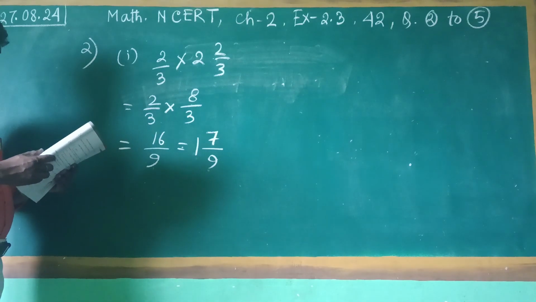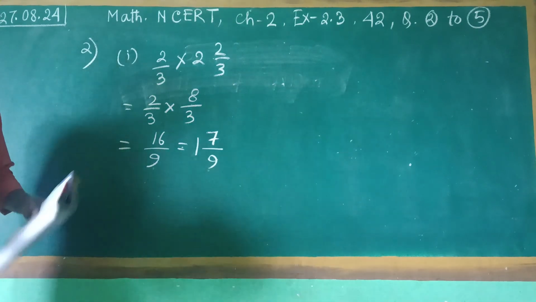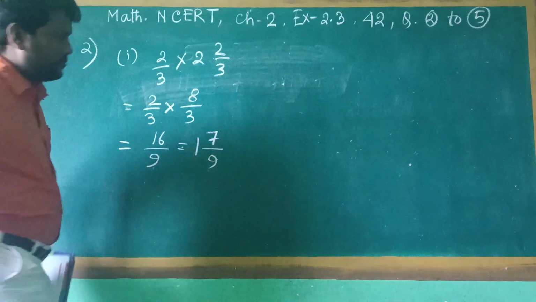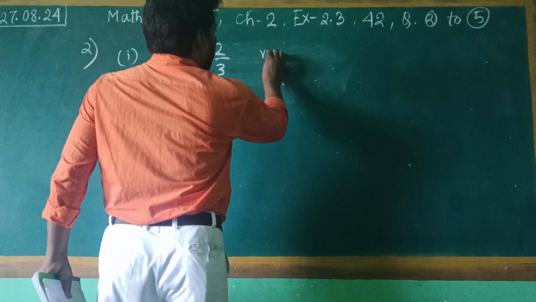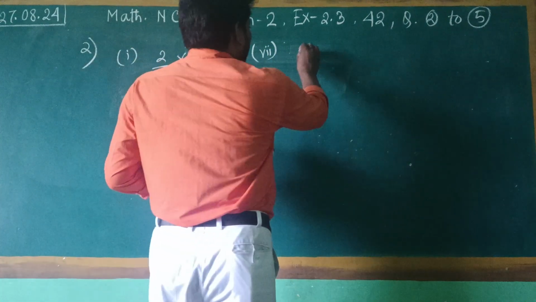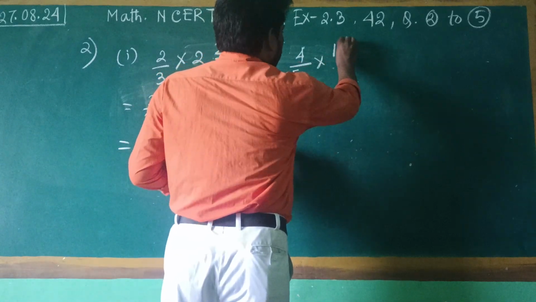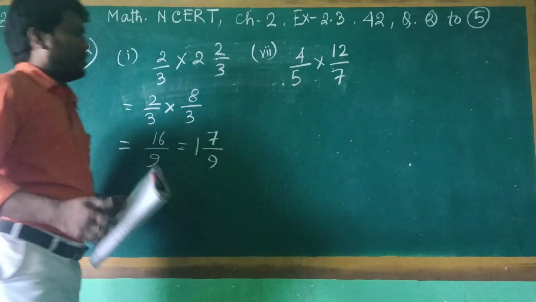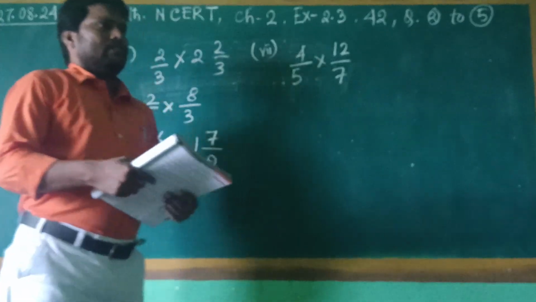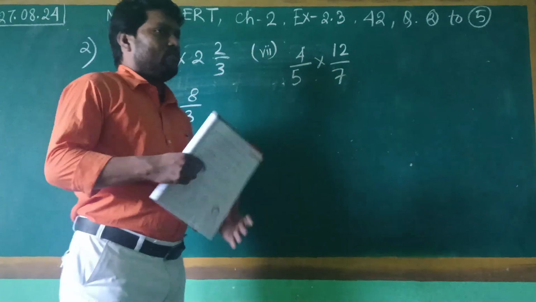Next, question number 7. 4 divided by 5 into 12 divided by 7. Are there any common factors between numerator and denominator? No common factor.